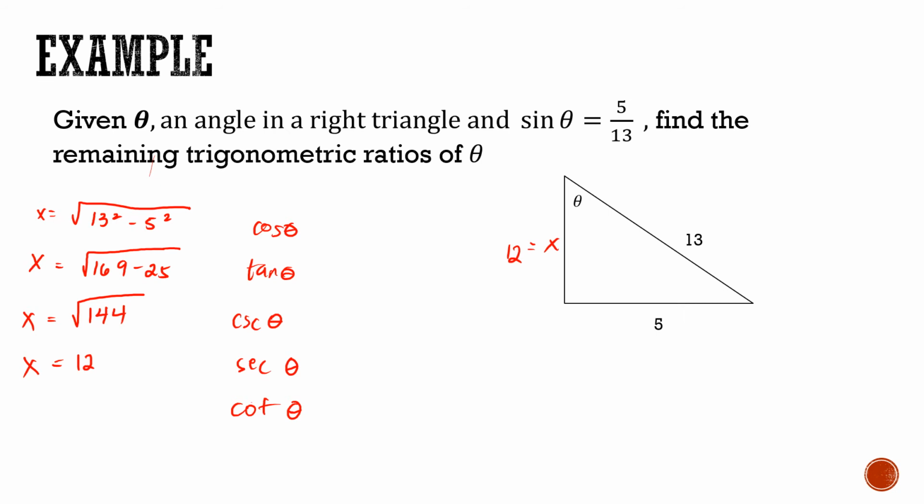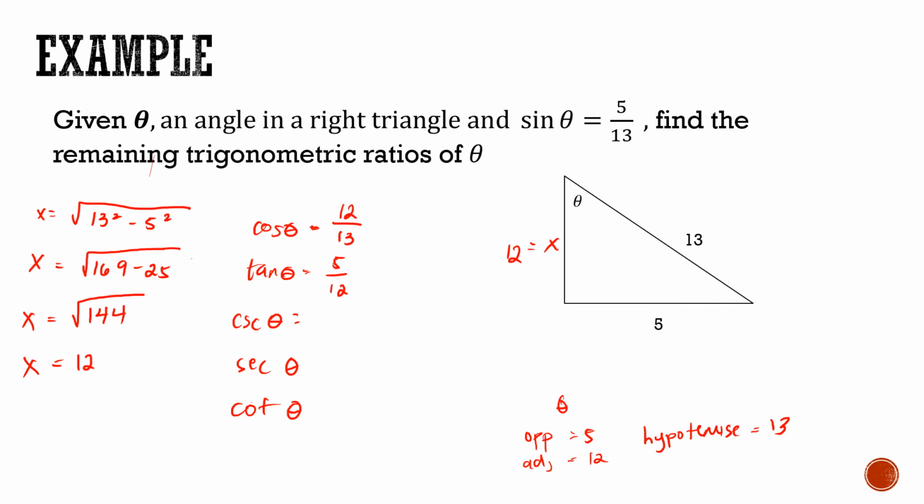So if my reference angle is theta, the opposite side is equal to 5, the adjacent side is equal to 12, and my hypotenuse is equal to 13. Cosine is adjacent over hypotenuse, so that is 12 over 13. Tangent is opposite over adjacent, so that is 5 over 12.